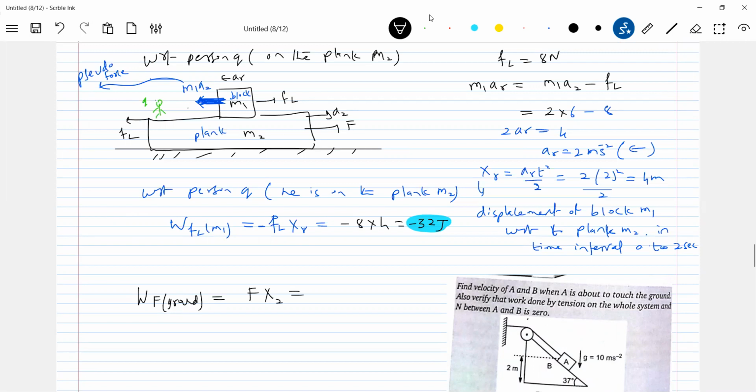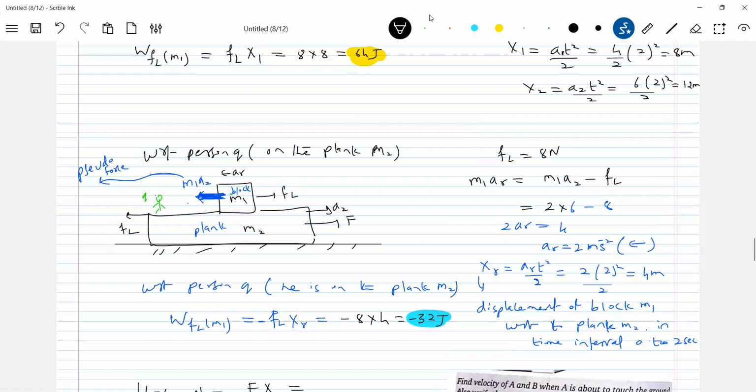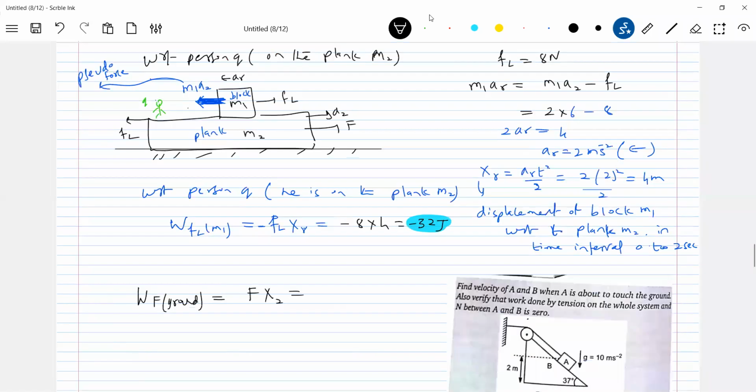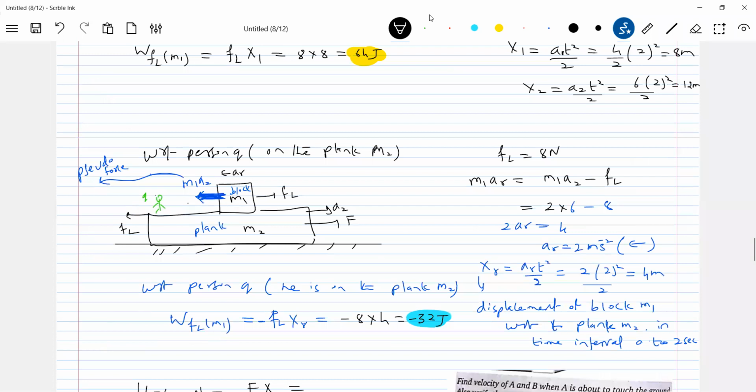So what is the displacement of the block? 12 meter, and F is how much, given? 26 Newton. X2 is how much? 12.